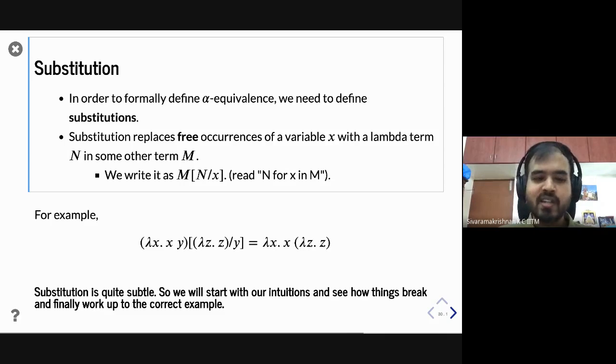Actually, substitution is quite subtle. I'm overusing the term subtle in this lecture, but they are in fact subtle. So we will start with our intuitions. We will write a very simple, intuitive definition of substitution, then show how that breaks and try to fix it, and finally arrive at the correct definition.